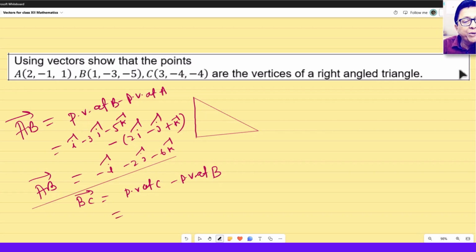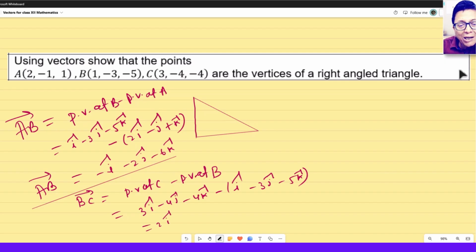The position vector of C will be 3i minus j plus k. Okay. So you got the BC vector, and then let us find the AC vector or CA vector.